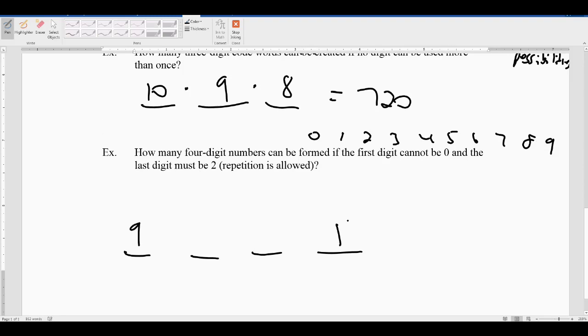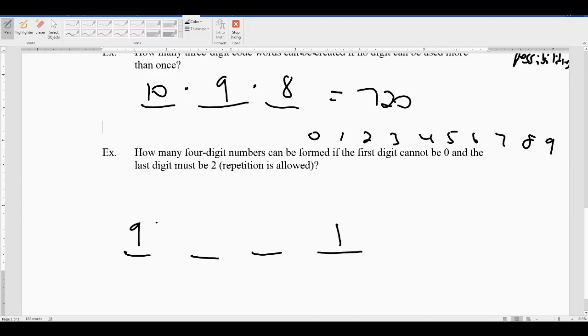There's only one way. Now for in here, since repetition is allowed, you can have a 0 and you could also have a 1. I shouldn't have said 9, I was looking there. That's not an actual number. It could be, who knows.